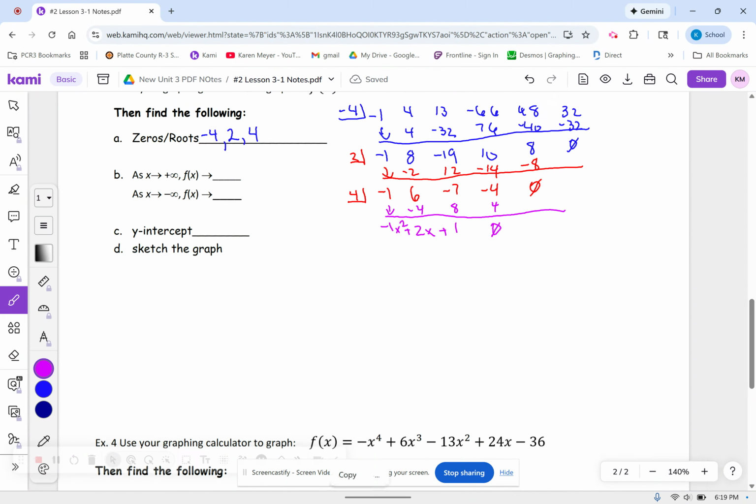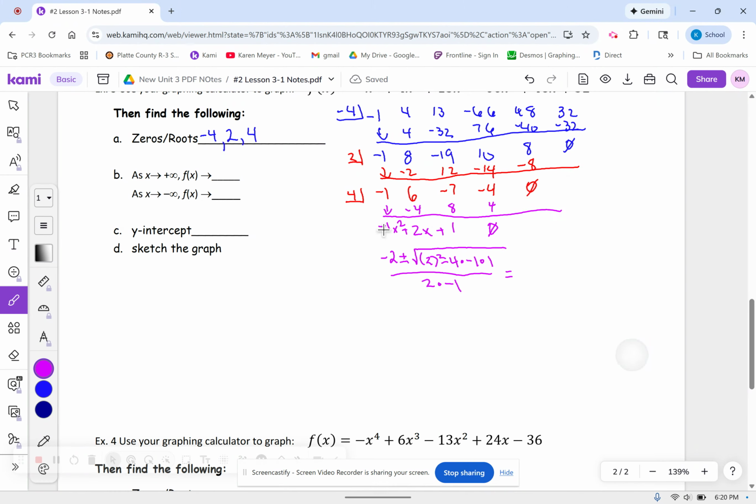So negative b plus or minus the square root of b squared minus 4 times a times c all over 2 times a. And then I would type in the part that's under the square root into my calculator. So negative 2 plus or minus the square root of 8 all over negative 2.